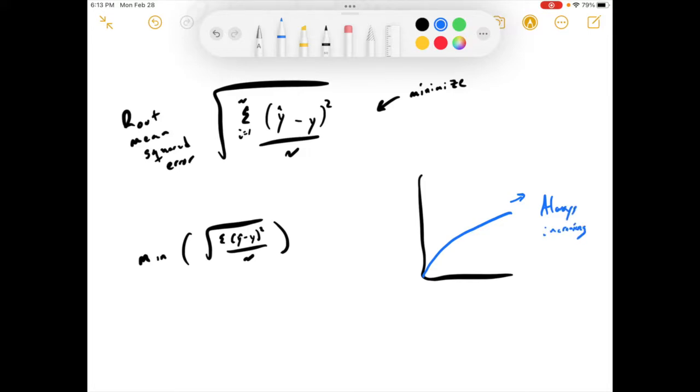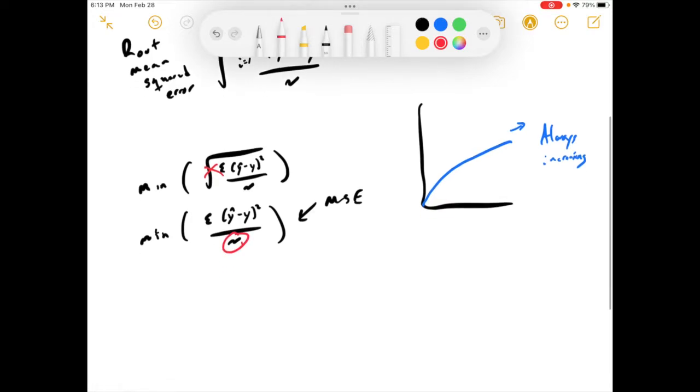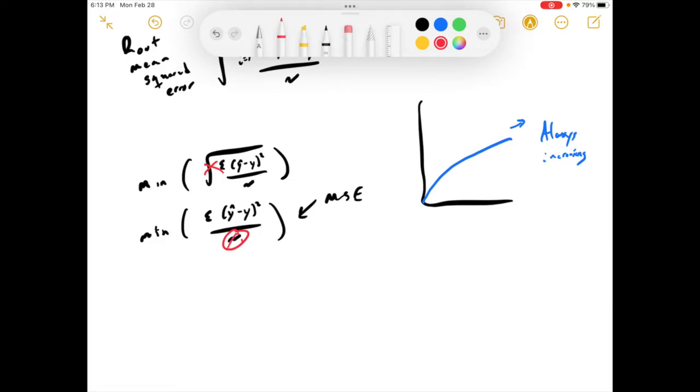So we really don't have to care about that square root at all, and we can really just minimize here the mean squared error. But if you look at this n, this is just a constant, and it's not really affecting the minimum at all, so we don't need to worry about it either.